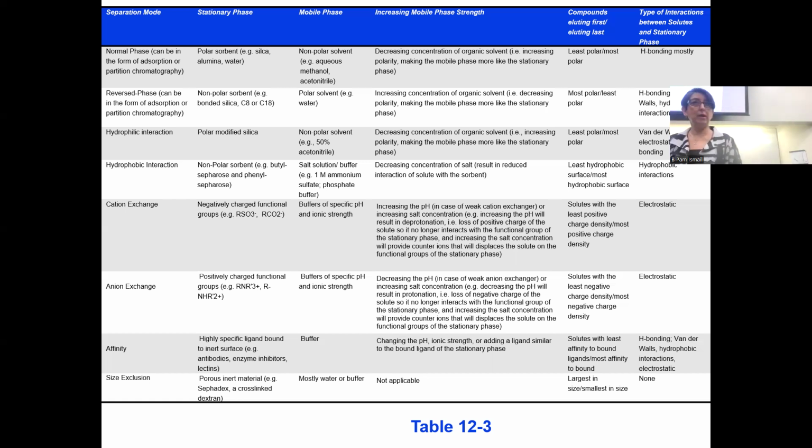Okay, well, just for the top one, for the non-polar solvent, it says aqueous methanol acetonitrile. Both of those are things I consider somewhat polar compared to hexane. So methanol is a polar organic solvent. Yeah, it says non-polar solvent aqueous methanol. You're right there.